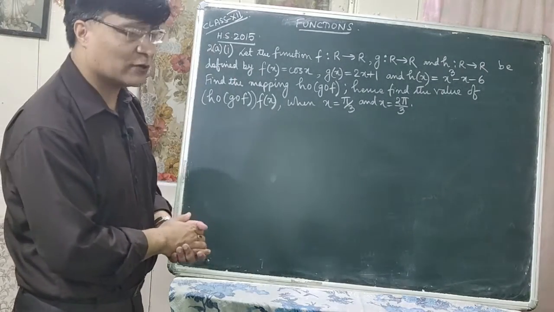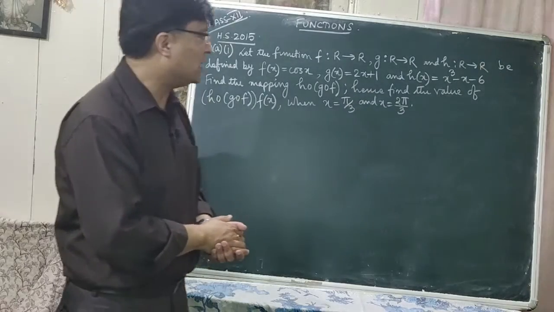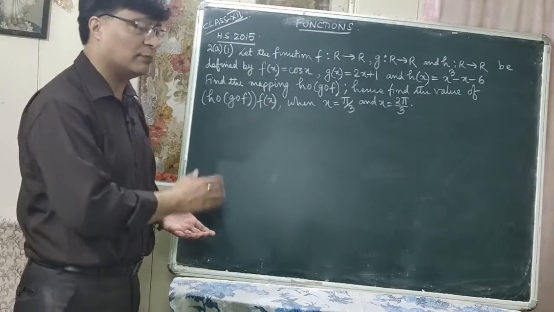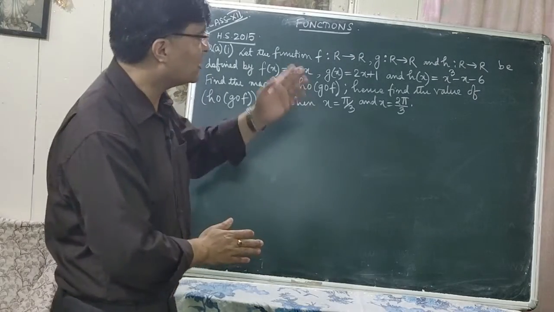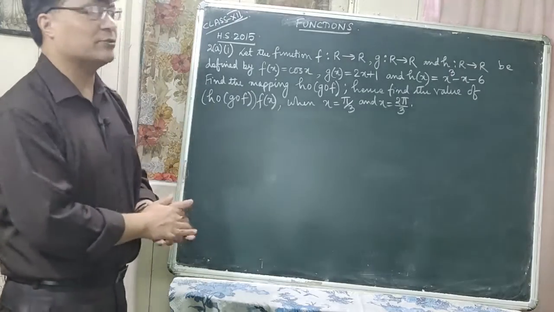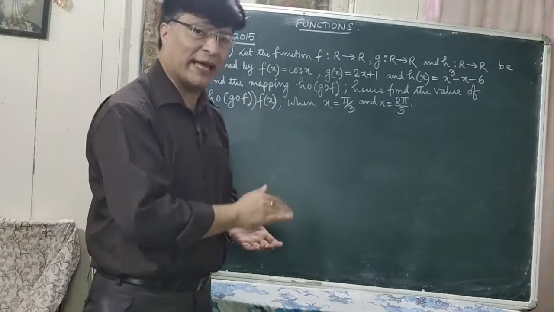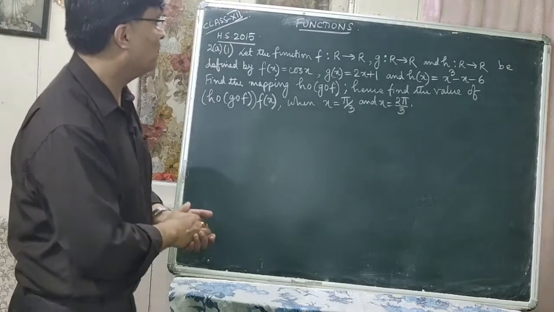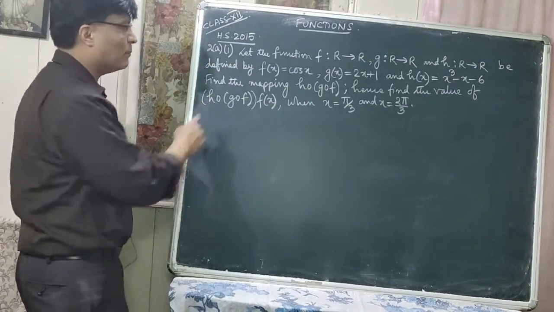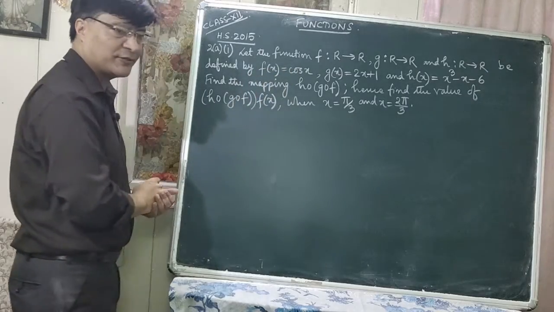And there is another function, that is the second function, g maps R to R, or g such that real to real number. And there is the third function, h such that real to real number, or it is read as h maps real to real number, be defined by: this f function is defined by f of x is equal to cos x.